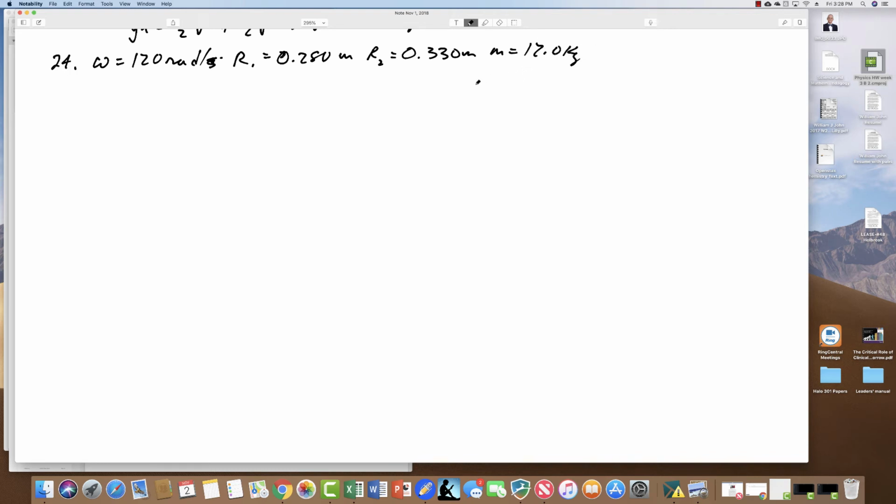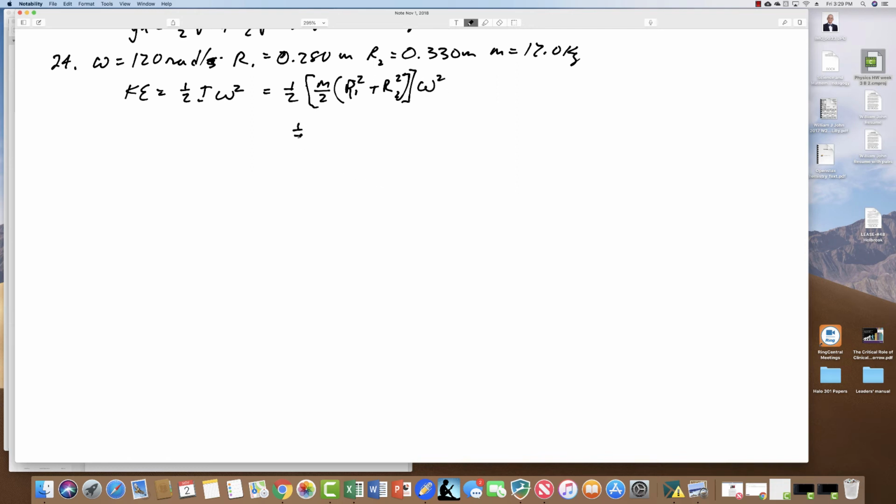And so rotational kinetic energy is equal to 1/2 I omega squared, which is equal to 1/2, and the formula for rotational is m/2 times R1 squared plus R2 squared, and then that's times omega squared now.